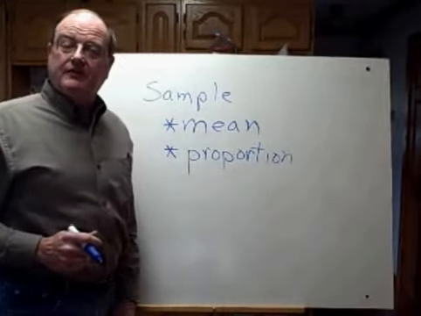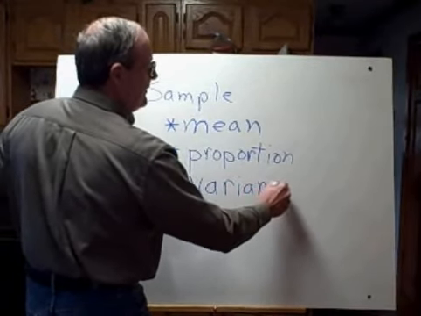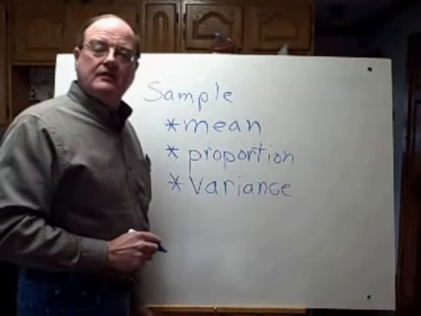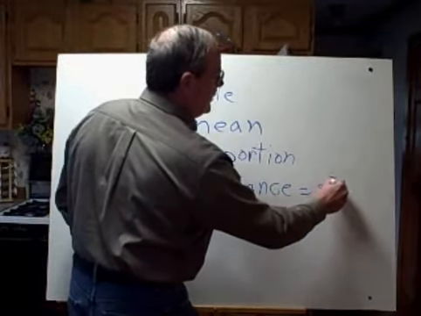And thirdly, you might be thinking standard deviation. No, the standard deviation of the sample is not a good indicator for the standard deviation of the entire population. What is valid, though, is the variance. Now, you may or may not recall that variance is simply equal to the standard deviation squared.